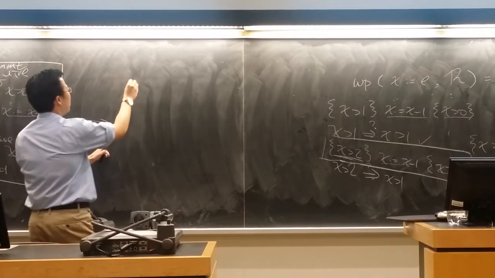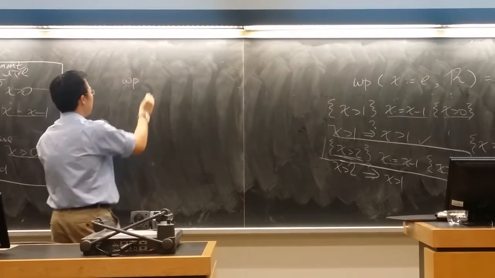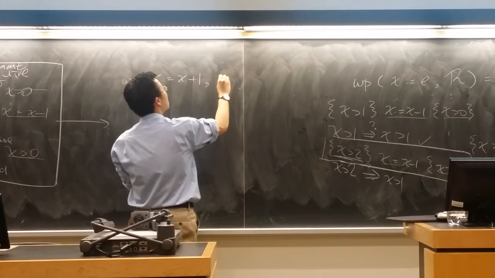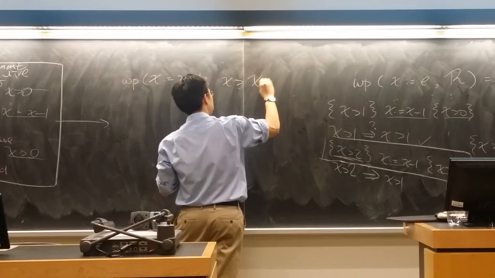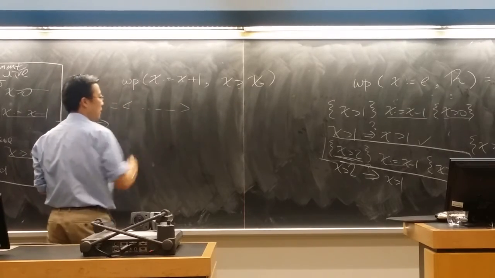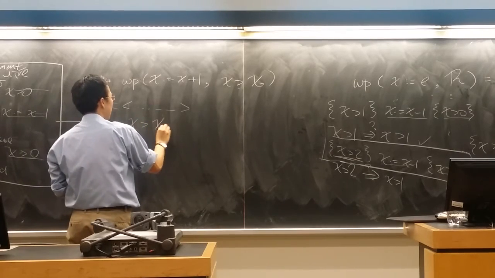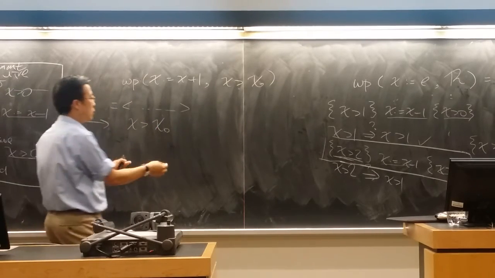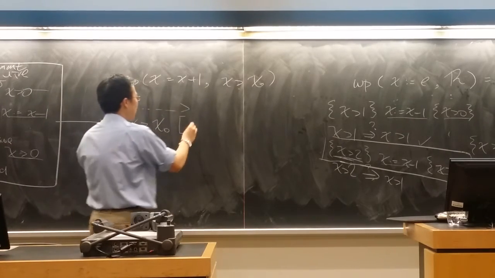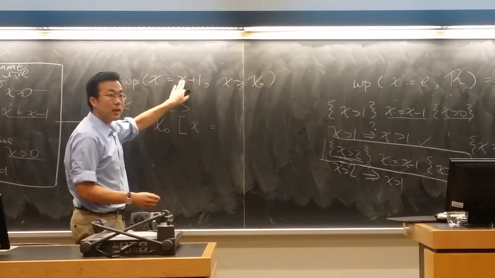So somehow you want to calculate what's the WP, that's why I put a question mark there. Of course, you would say WP rule for assignments. Then we say x greater than x0, the postcondition we are trying to establish. Now, what substitution should we make? You have to be careful.